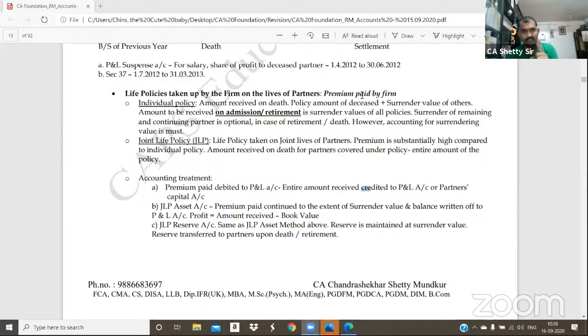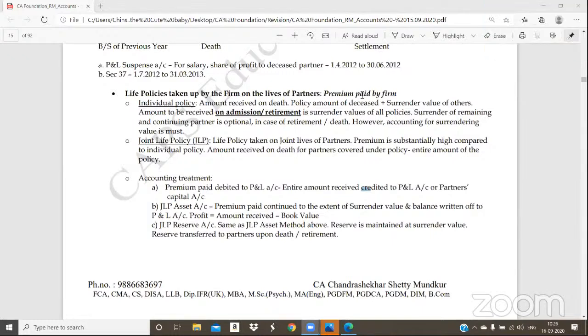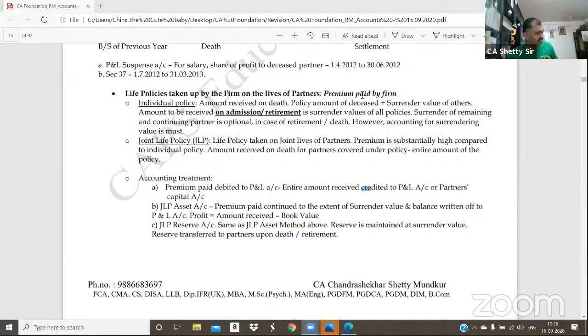So please remember, life insurance only compulsorily receive the money, either on the expiry of the policy or expiry of the policy holder, whichever is earlier. Yes, sir. So X dies. Policy amount 90 lakh. Such 90 lakh is credited to P&L.